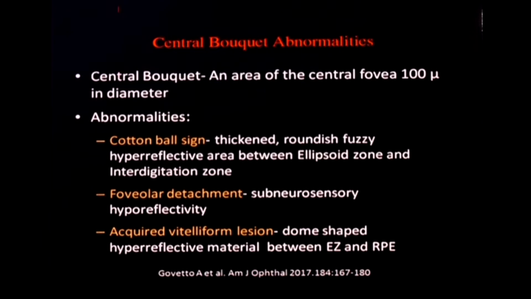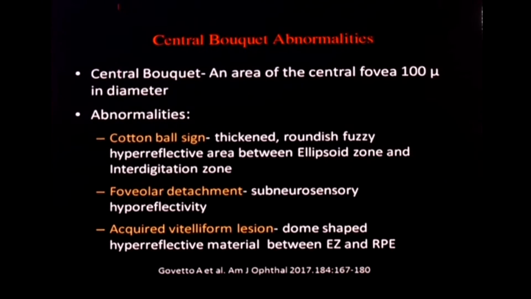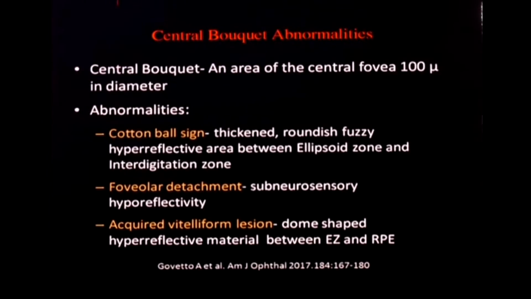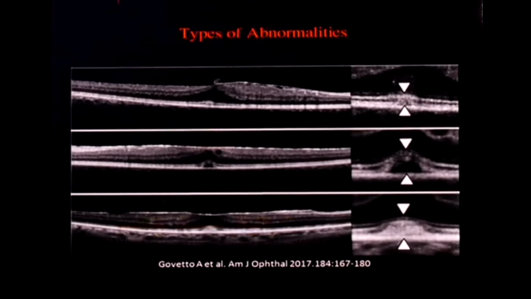The abnormalities that happen when this area is subjected to traction are the cotton ball sign, which is a thickened hyperreflective fuzzy area below the ellipsoid zone and above the interdigitation zone. Foveolar detachment is a neurosensory detachment at the fovea, and an acquired vitelliform lesion is the name given to a dome-shaped hyperreflective material accumulation that happens between the EZ and the RPE.